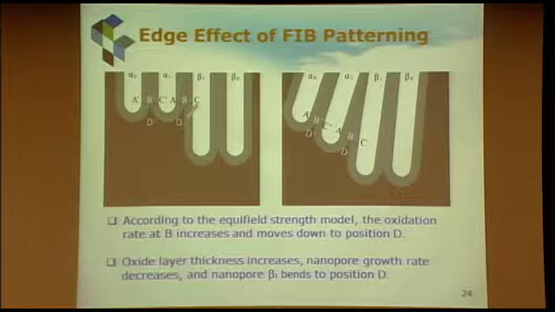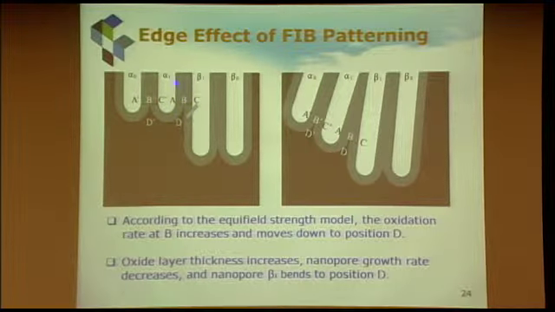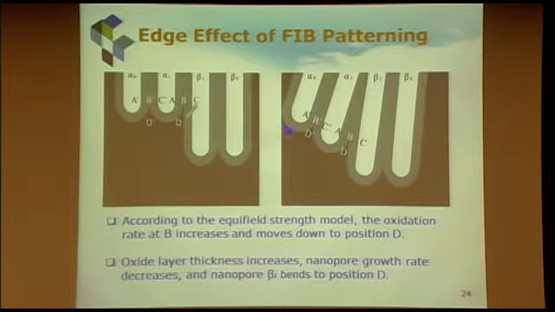So this is our illustration showing why this happens. We still go back to the electric field concept. We say here the pores are growing, and this material, because of a larger, very negative curvature here, and then the material here is not growing as fast, and the material expands, it pushes things away.